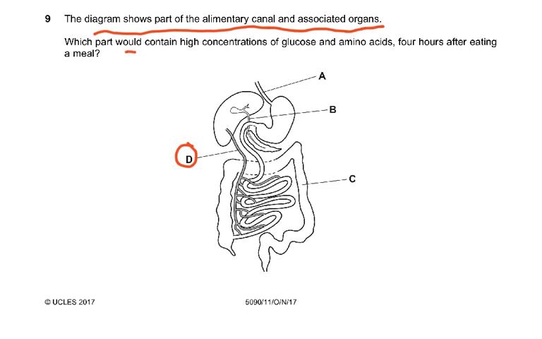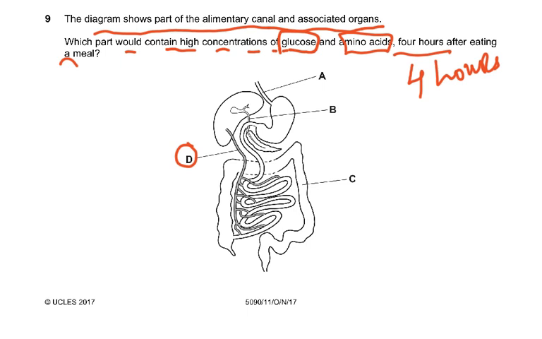Which part would contain high concentrations of glucose and amino acids 4 hours after eating a meal? So basically A is the esophagus, B is the bile duct, and C is the large intestine.